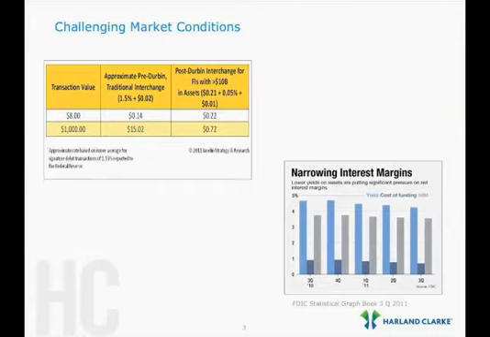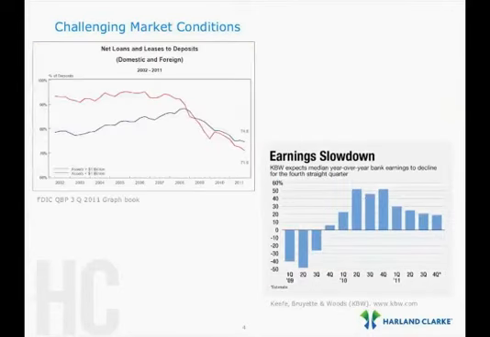This continues to challenge earnings because banks are unable to effectively manage the interest margin on these deposits due to the depressed demand by both consumers and businesses for loans.